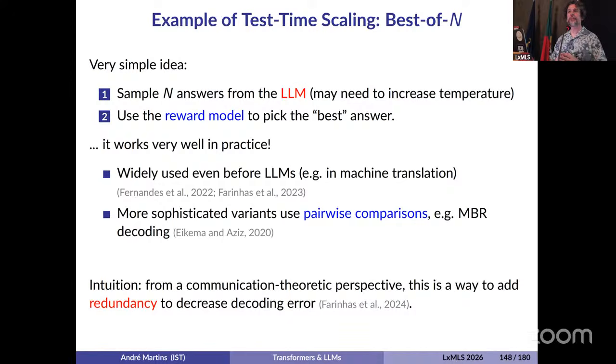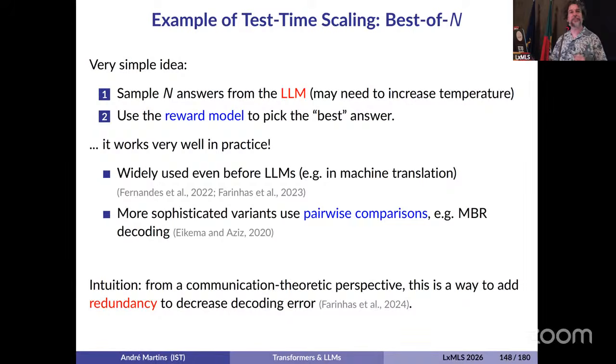And then the receiver can do some kind of majority voting to decode the message. And this reduces error considerably. So I would say that with best of n, we are doing something along the same spirit, not exactly the same, because we are not doing communication per se.